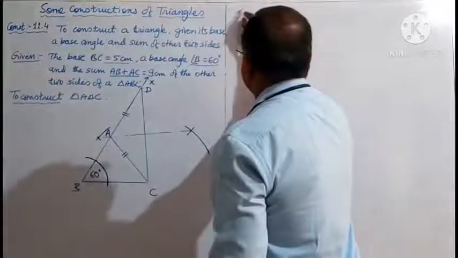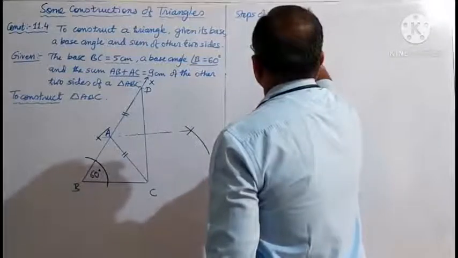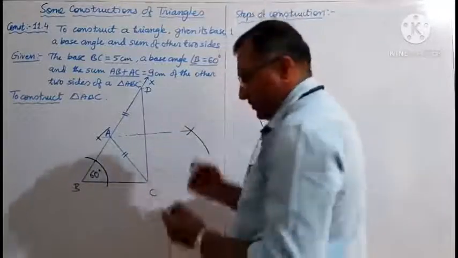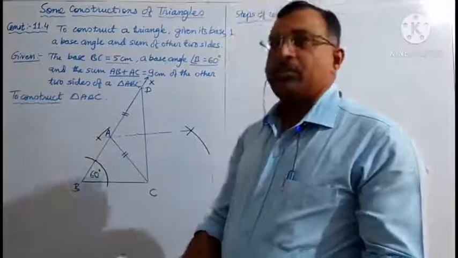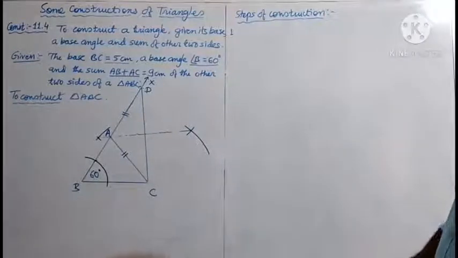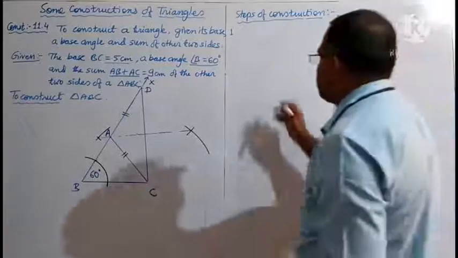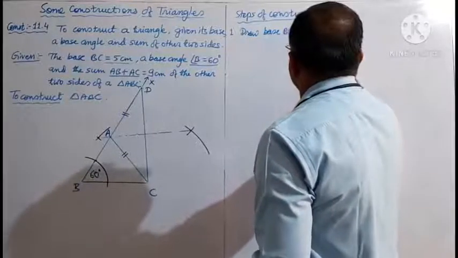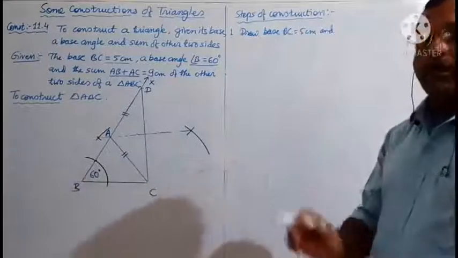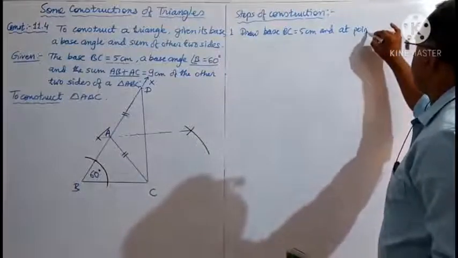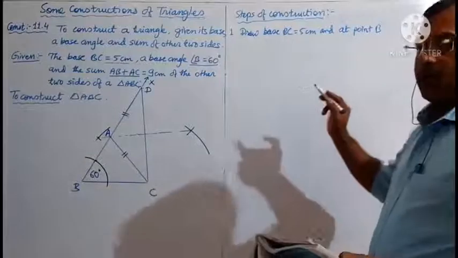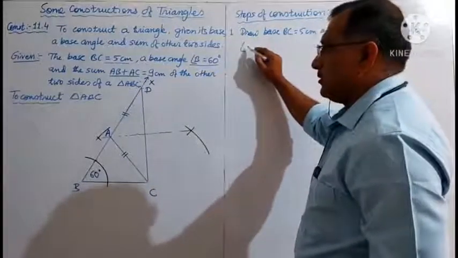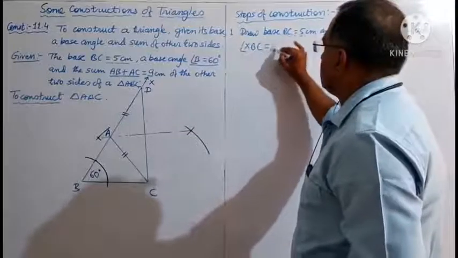So let us write the steps of construction. What we have done. First of all, we have to draw base BC equal to 5 centimeter, the given measurement. And at point B, we have to make an angle XBC equal to 60 degree.